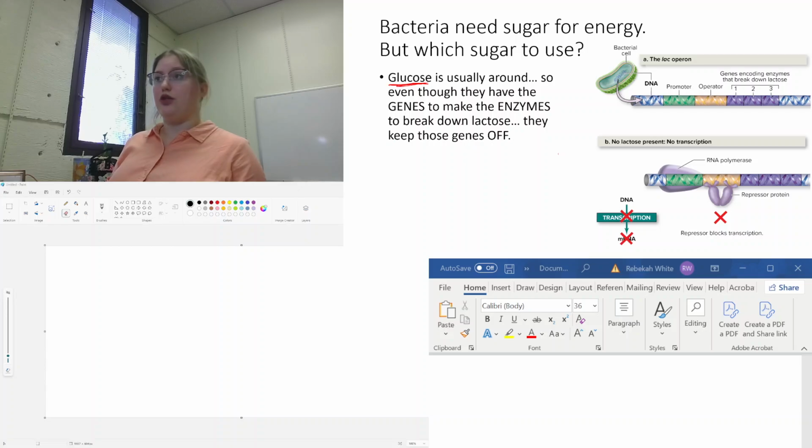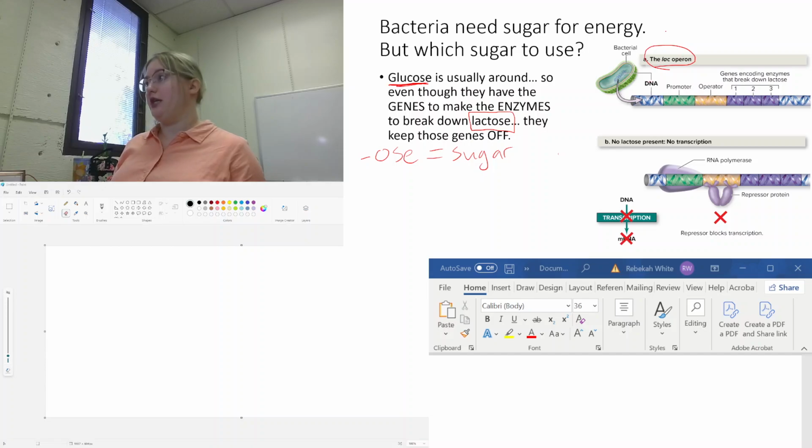But there is another sugar that we sometimes see bacteria use, and that is lactose. Remember, the ending OSE means sugar. Glucose, lactose, they are both sugars. And so if we are using glucose and we don't have any lactose, we can keep this gene off.